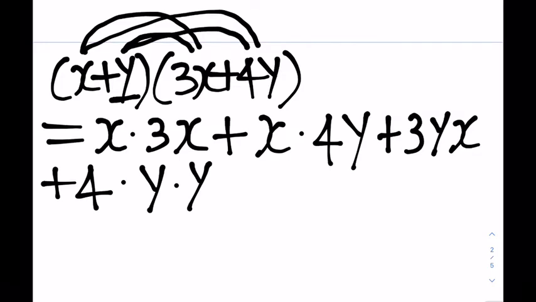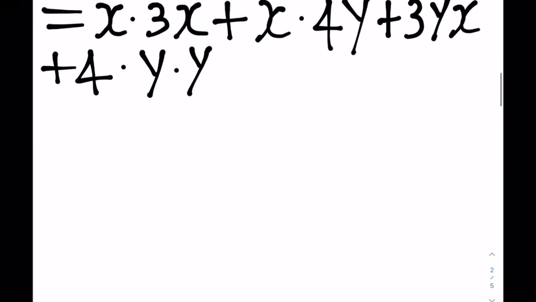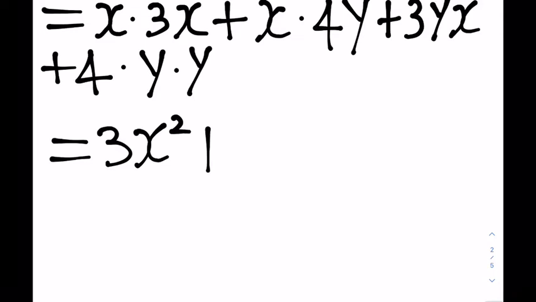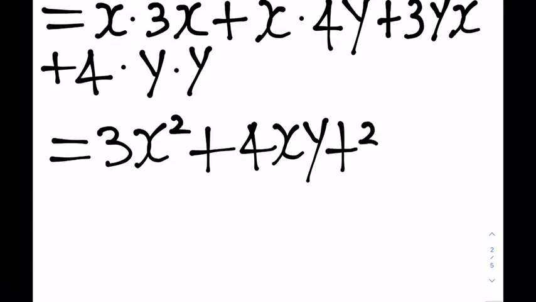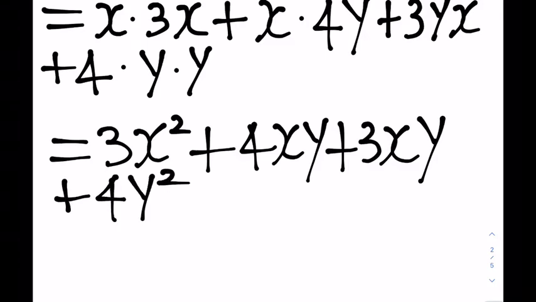Okay, now we just have to calculate this. 3 times x will be 3x squared, plus x times 4y will be 4xy, plus 3xy, and then that will be 4y squared.